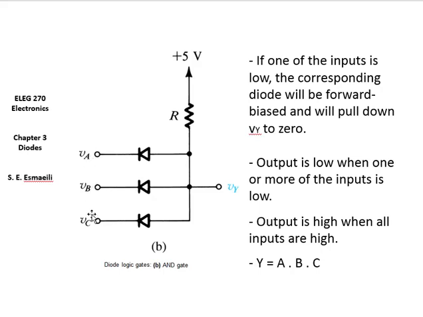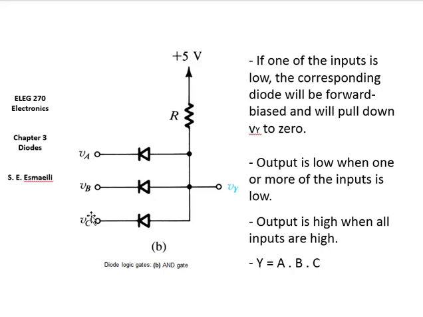So whenever all of those VA, VB, and VC are 5 volts, then this Vy will be 5.